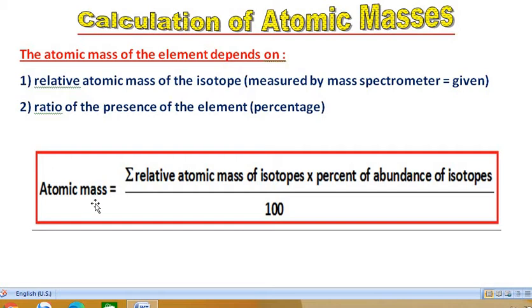Atomic mass of any element is the sum of the relative atomic masses of each isotope multiplied by its percent abundance over 100.